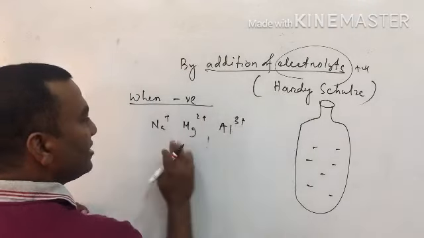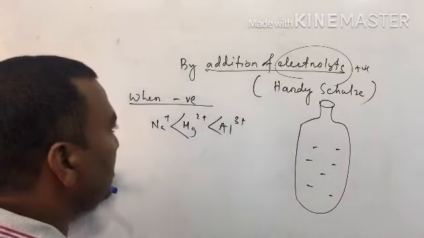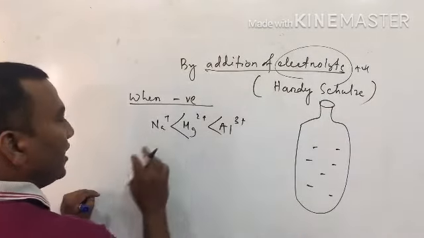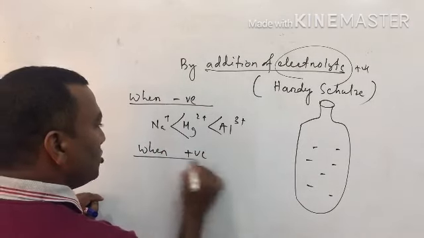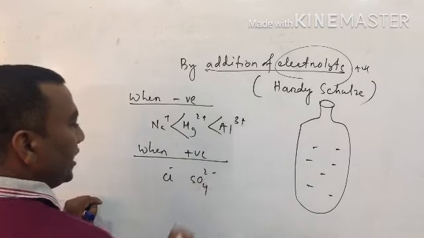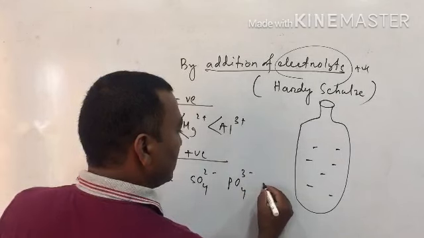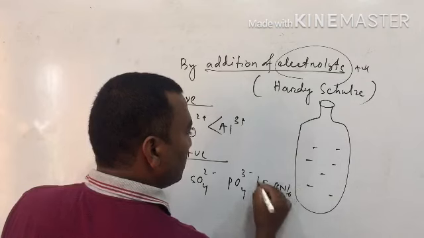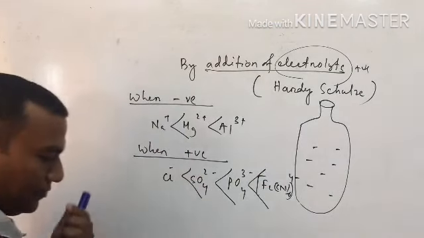Where negative colloidal particles are present, the coagulation rate order is Al3+ greater than Mg2+ greater than Na+. Similarly, when the colloidal solution is positively charged, suppose Cl-, SO4 2-, PO4 3-, Fe(CN)6 4-. So this greater than this greater than this.